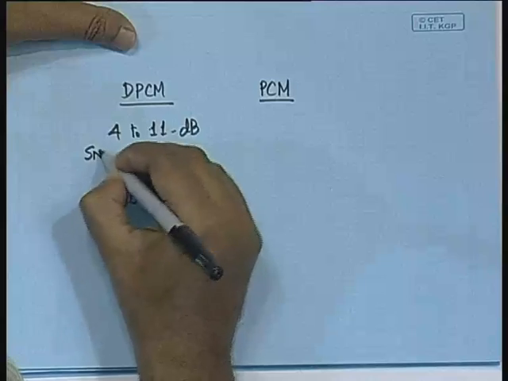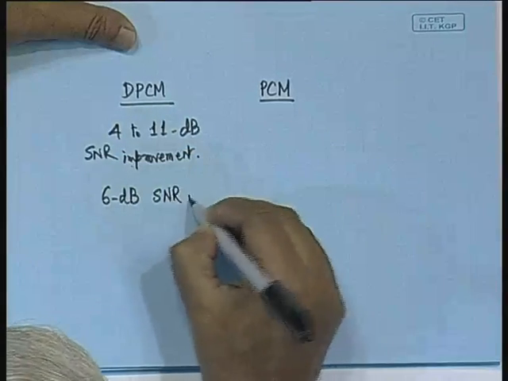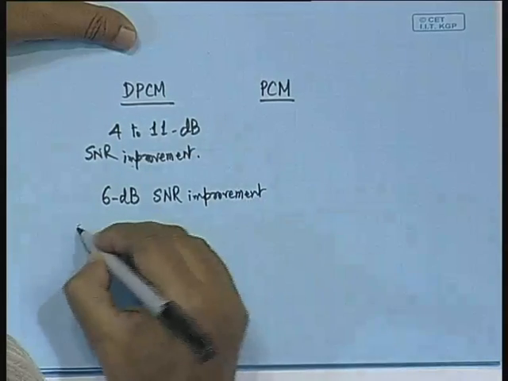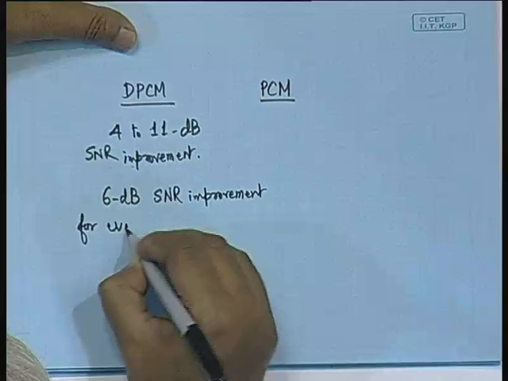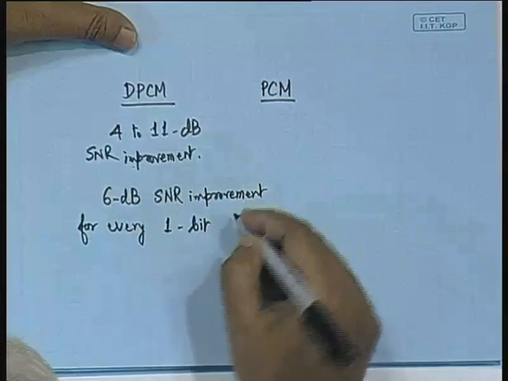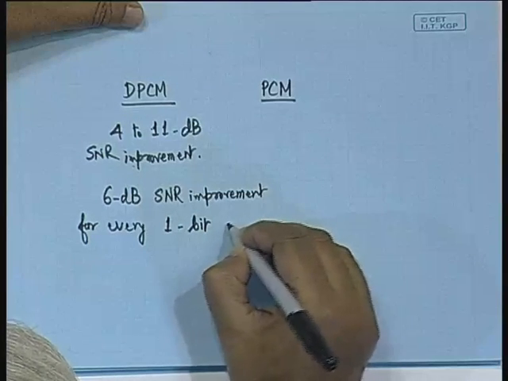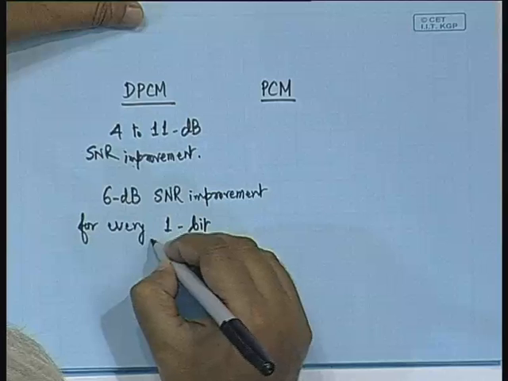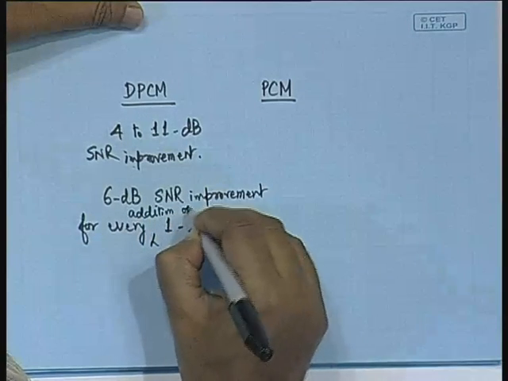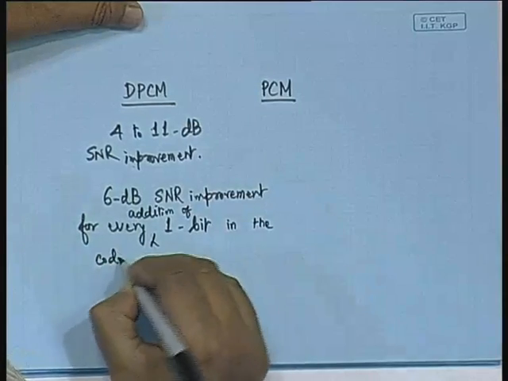So this is 4 to 11 dB of SNR improvement over PCM and 6 dB SNR improvement for every addition of 1 bit in the coder.